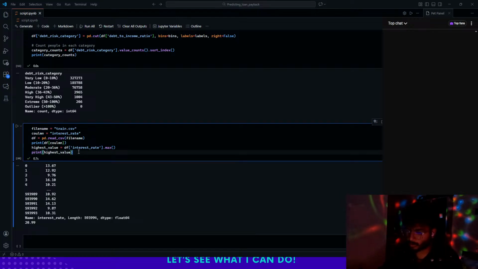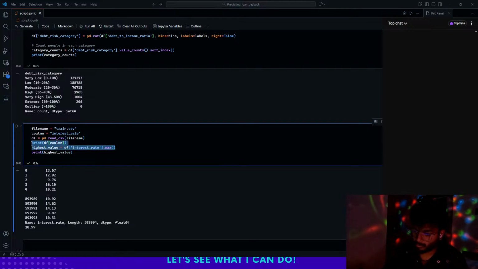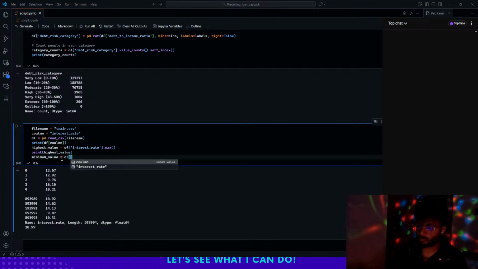The same way, we have a minimum value, min value equal column name interest rate.